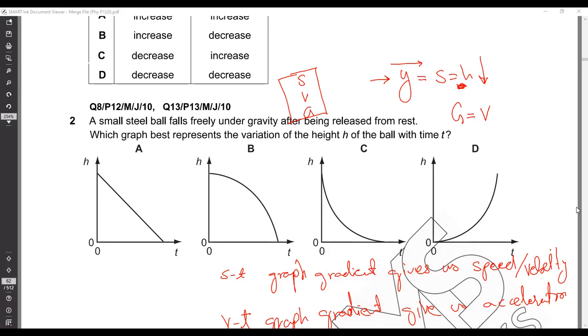It means D cannot be the answer. Why? Because in the other three graphs, height is decreasing, but in the last graph, D, height is increasing. So these can be the possible answers, but not the last one. Got it?